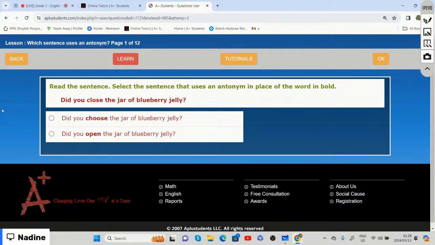All right, so we need to select, did you close the jar of blueberry? So the word close. It says, did you close the jar of blueberry jelly, or did you open the jar of blueberry jelly?